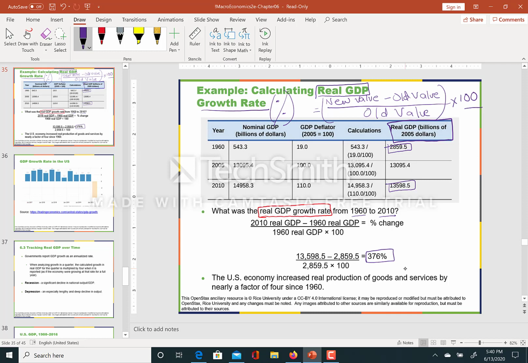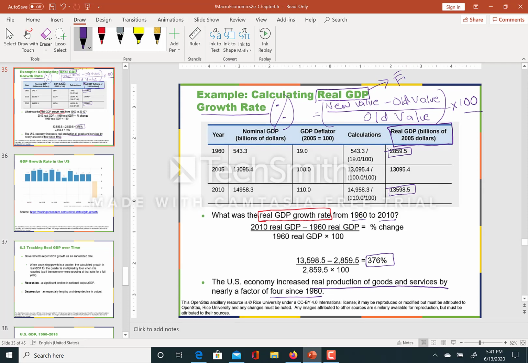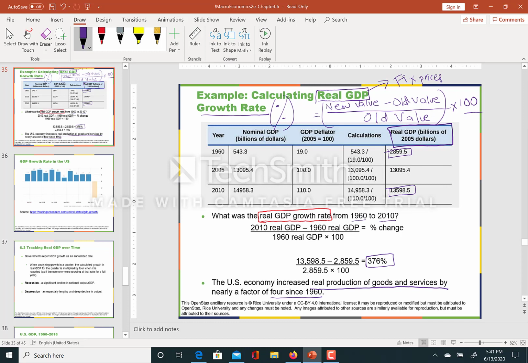Wow, that means real production of goods and services increased by 376%. That's a lot. And just remember, in this real GDP calculation, we are fixing prices to the base year value.